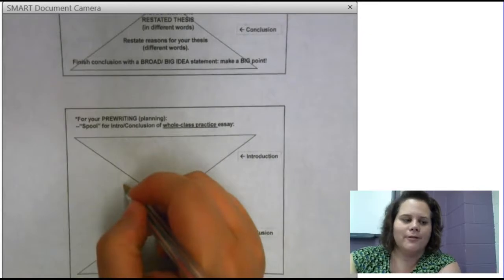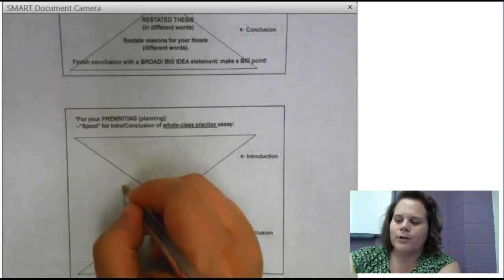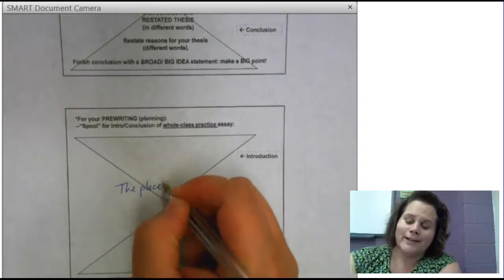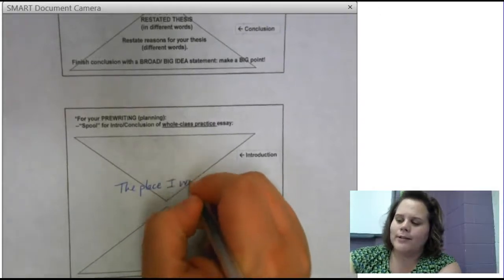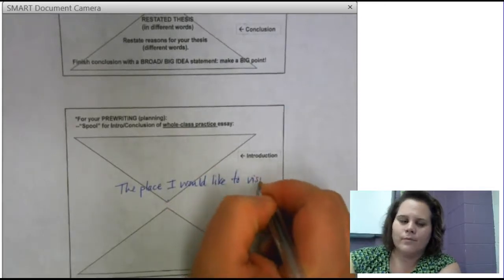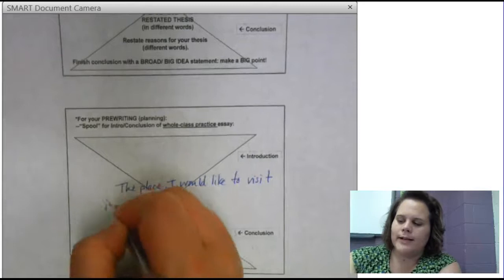We're literally going to write our thesis right here. Our thesis was the place I would like to visit. Yeah, write it again. The place I would like to visit is Alaska.